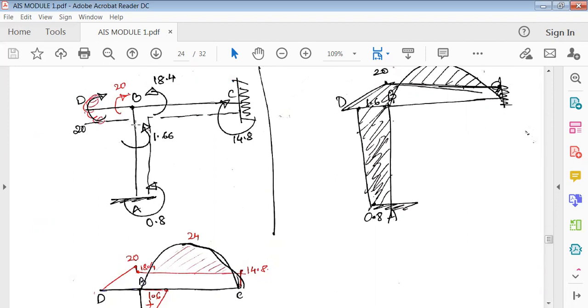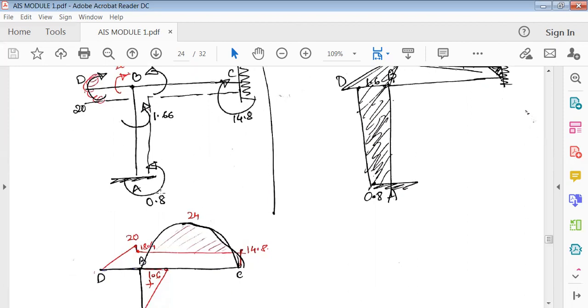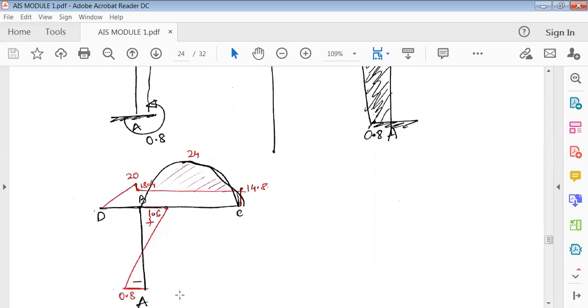I've drawn them below, so this is all inside the beam. If the beam or the column bends towards the dotted portion, then that would be a positive bending moment. Right now it is trying to push the beam out, away from the dotted line, outside, that is minus.